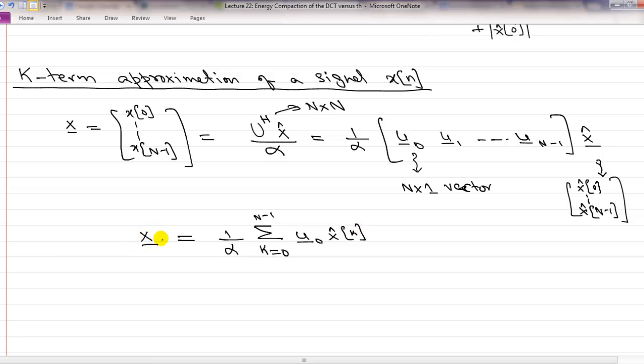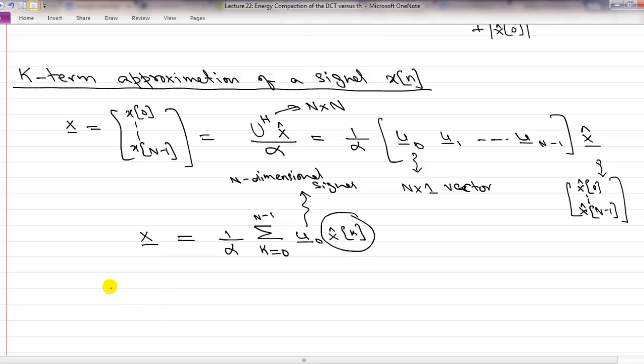So what is the interpretation? My x, my n-dimensional signal, is just a linear combination, where 1 over alpha is just a scaling factor, of n vectors or n signals. I can think of each of these as an n-dimensional signal. So my x is just a linear combination of n signals, given by the columns of this matrix U Hermitian.